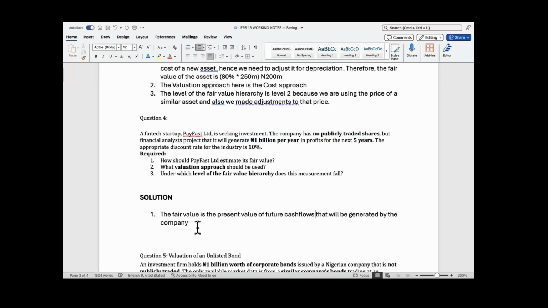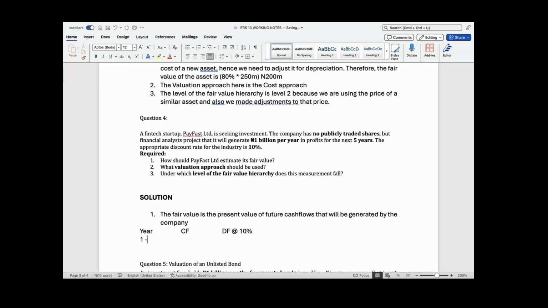So how do you determine that? How do you determine the present value? So here you use the cash flow and the discount factor at 10%. So the years are 1 to 5. The cash flow, how much are we looking at? Let's say 1 billion.